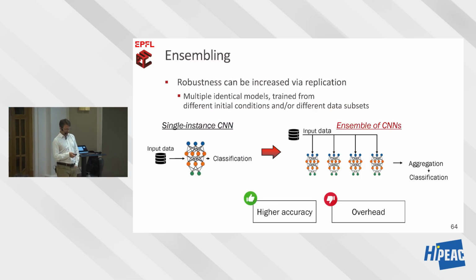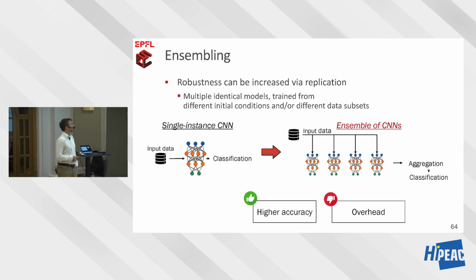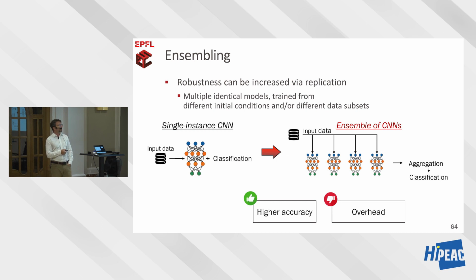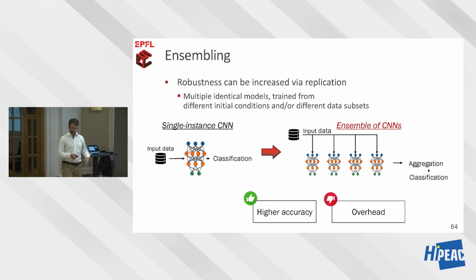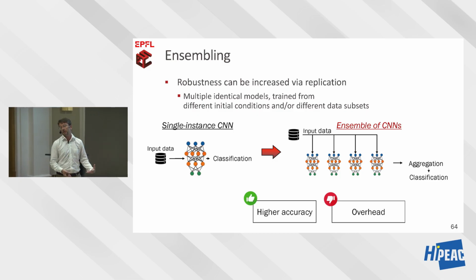Before starting to optimize, we would like to maximize this robustness. My PhD student Flavio Pozzina looked at a way to do that, and he looked at ensembling. What is ensembling? It is replicating models in their structure and training them starting from different seeds.